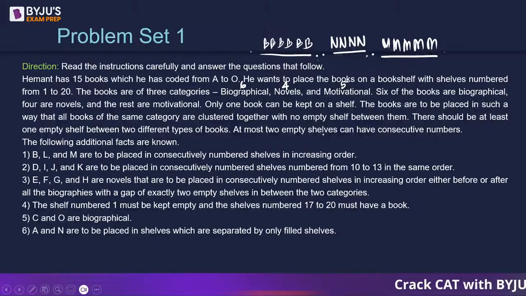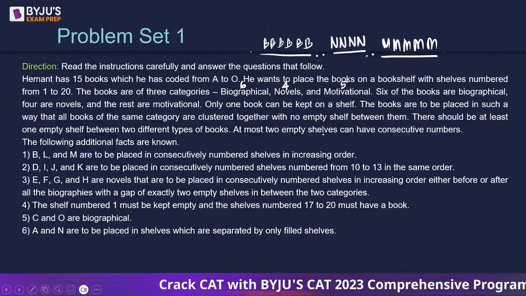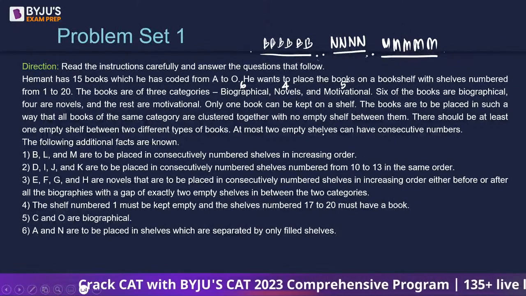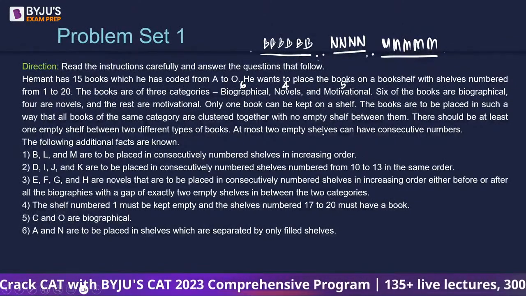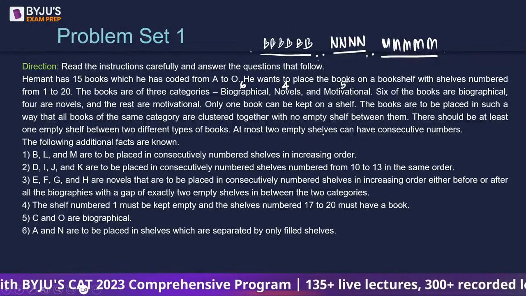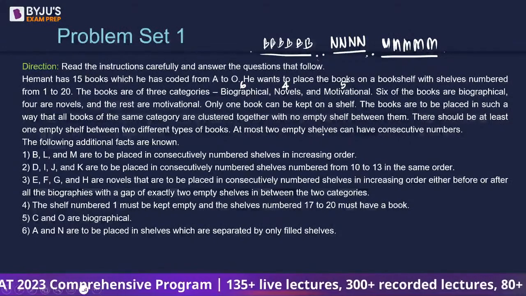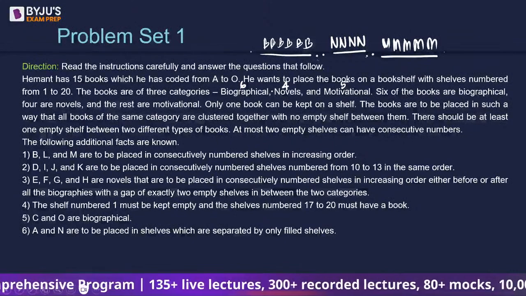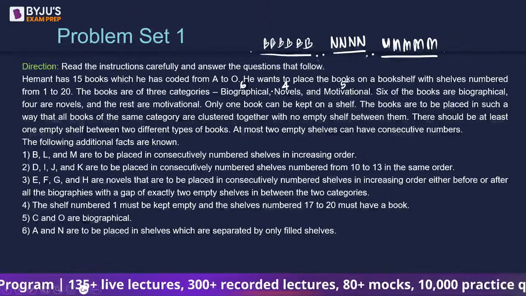The following additional facts are known. BLM are to be placed in consecutively numbered shelves in increasing order. DIJ to be placed in consecutively numbered shelves from 10 to 13 in the same order, and so on and so forth. So we don't have to read additional statements. We have to simply understand how we are going to depict the representation.